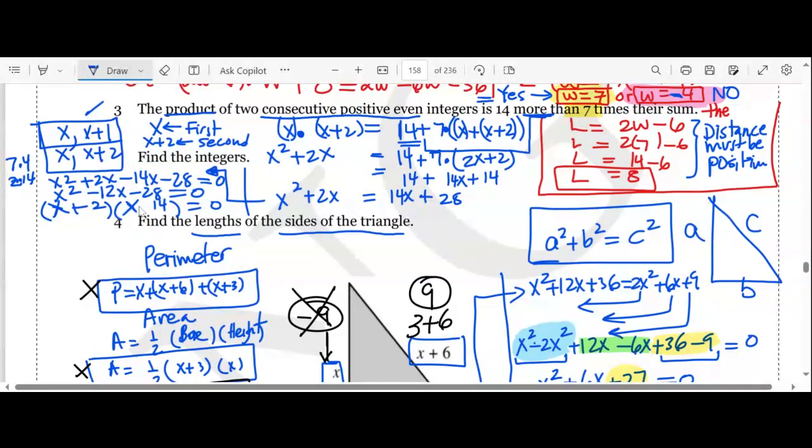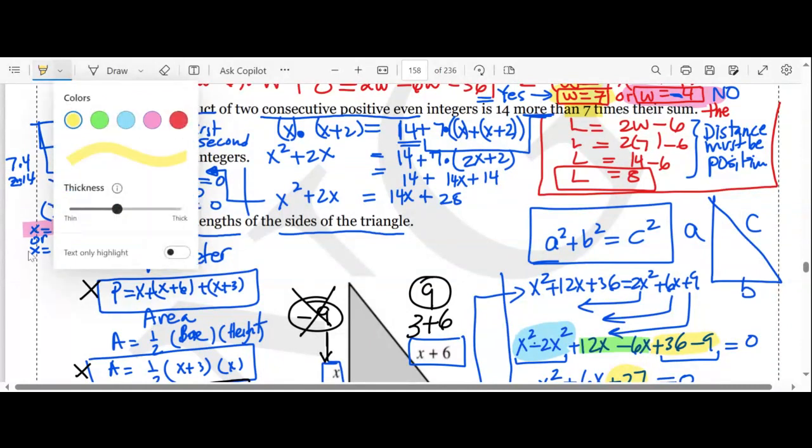Minus or positive? Positive. So in this case, you have how many solutions? X equals negative 2 or x equals 14. Which one do I choose? 14. Correct. So we choose 14.